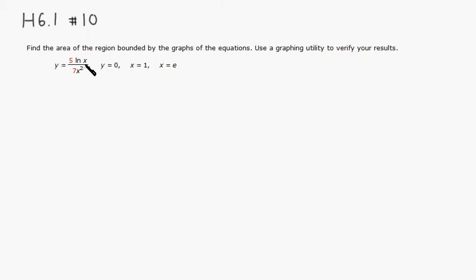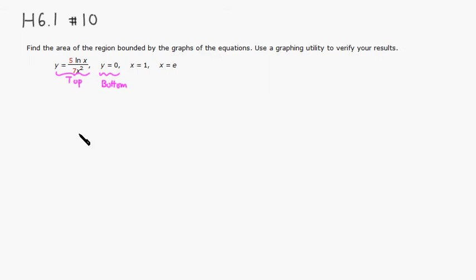So this is always above the x-axis. So this is going to be our top curve, and this is going to be our bottom curve. Then x goes from 1 to e.